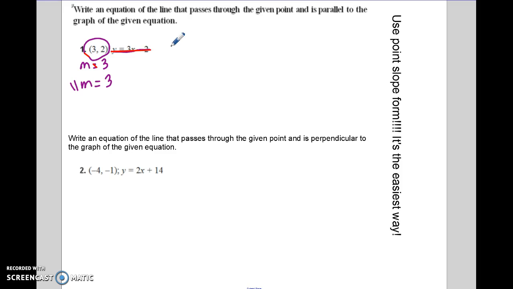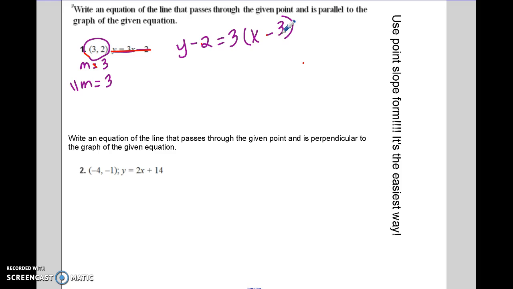So I'm going to plug into point slope form, y minus y1, which in this case is 2, equals m. Now I'm going to use the parallel slope because I'm making a new line, times x minus x1, which is 3.